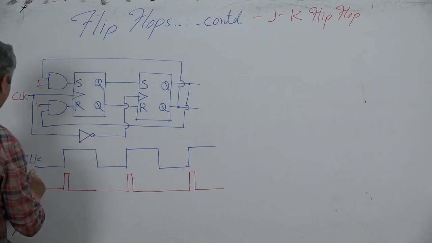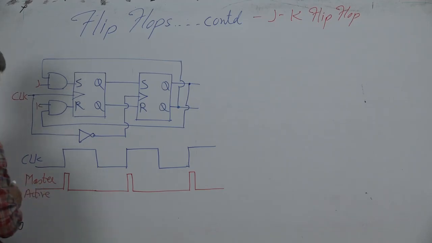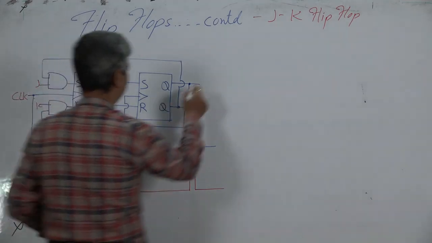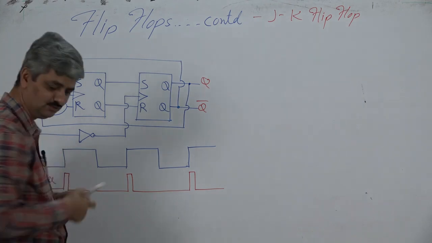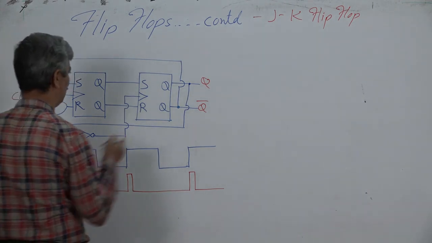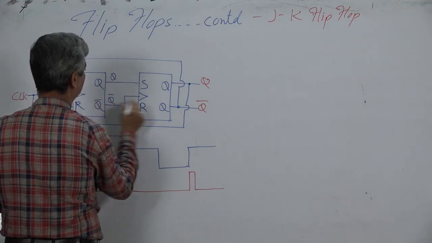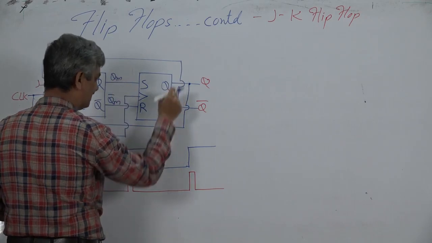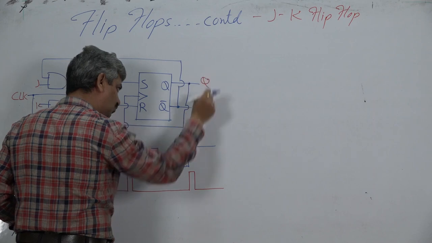In this period the master is active. Overall it is a master-slave JK flip-flop, and these are the final outputs. We can call these the master outputs, QM and QM bar. I could call these QS and QS bar, but since the outputs are the slave outputs, I keep them as Q and Q bar only.